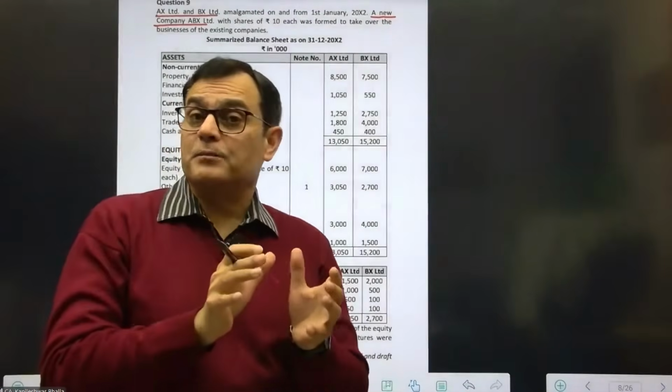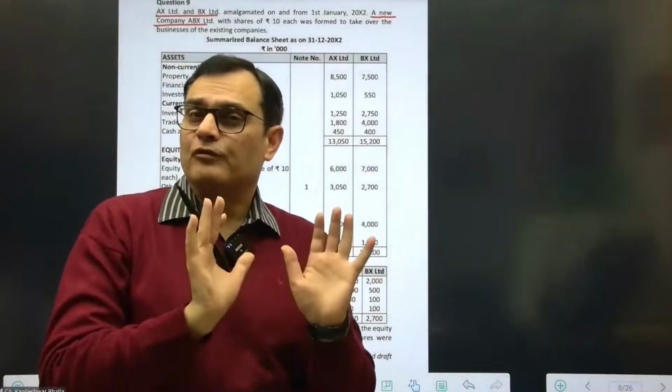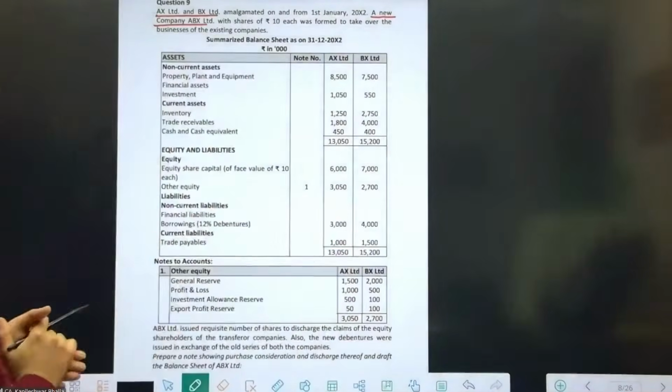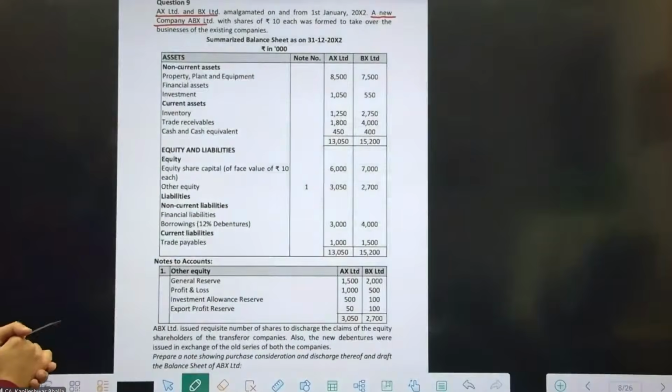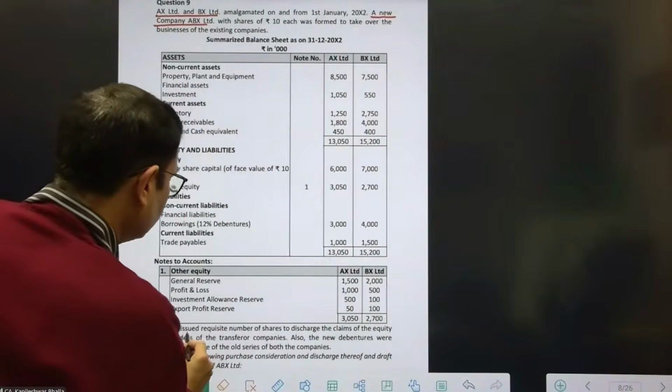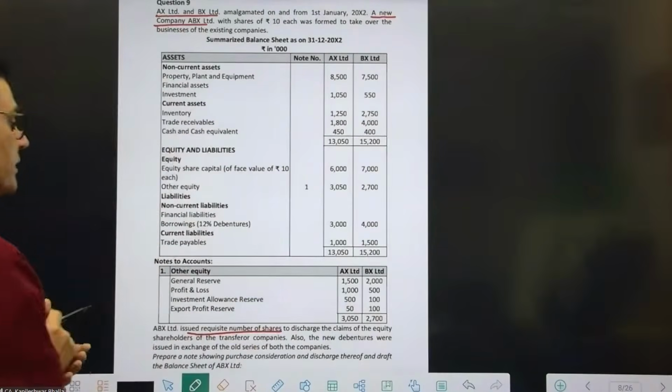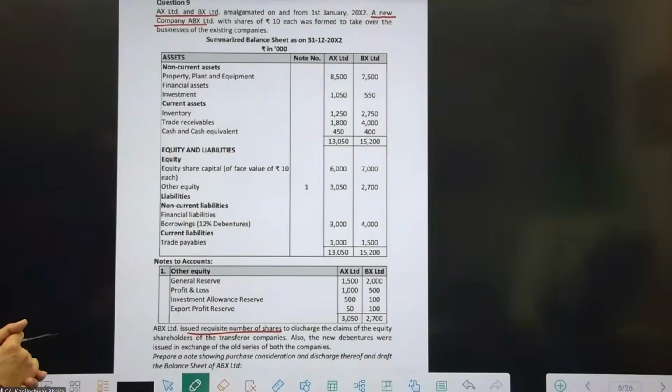Now, if the consideration is primarily in shares, undoubtedly it's a reverse acquisition. Then we are given the balance sheet and the notes to accounts. ABX is going to issue the requisite number of shares to discharge the claims of the equity shareholders of the transferred companies. Also, new debentures are issued in exchange for the old series of both the companies.